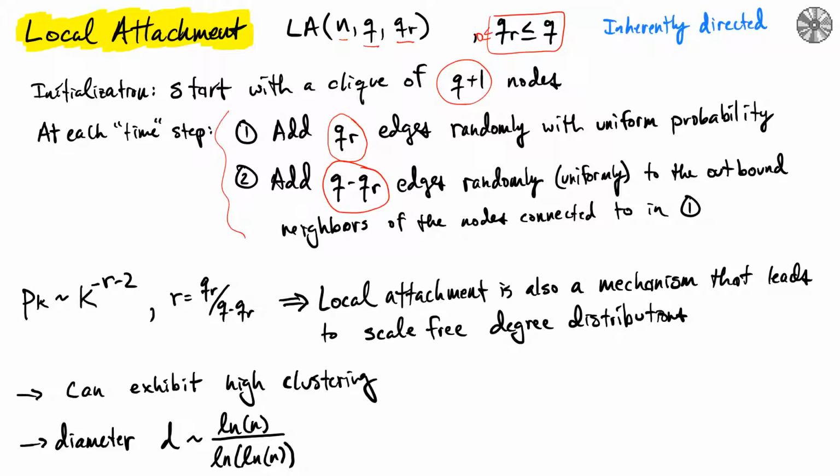And so this is our first time to underscore the idea that for certain choices of parameters, we can get a scale-free degree distribution. Not for all parameters, but for some, we can get scale-free behavior. And so that means that this mechanism of random attachment plus local attachment is another way in which you can generate scale-free graphs.